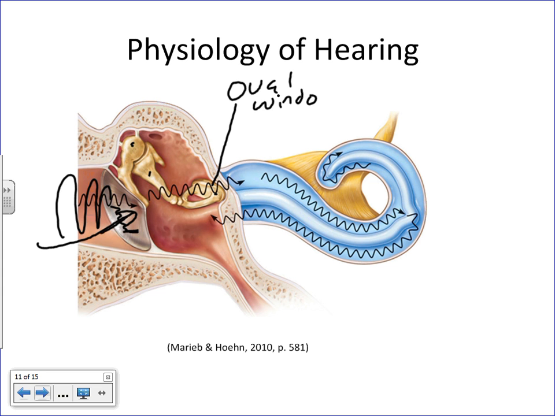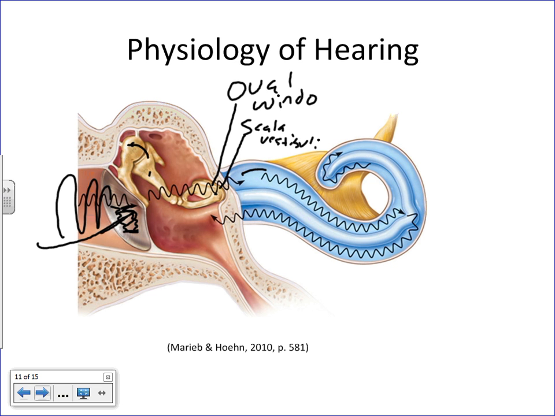You can see that the oval window's location favors the scala vestibuli, essentially one of these outer portions of the cochlea. And again, you can do the math here on what's going to happen as the vibrations occur within the tympanic membrane.